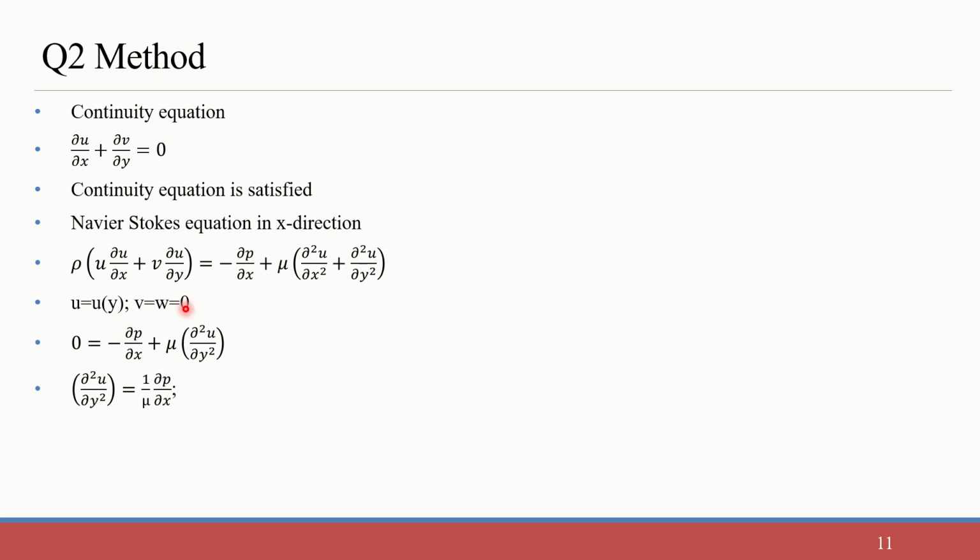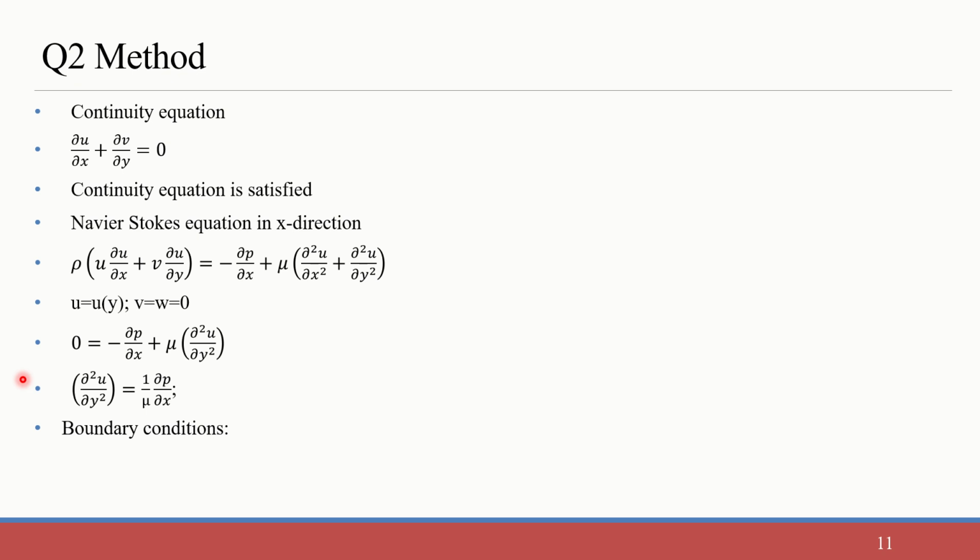Taking this term to the other side, dou square u by dou y square equals 1 by mu dou p by dou x. This is the equation relating u, a function of y, to the pressure variation in the x direction, as given in the question. So this is the equation which we were asked to obtain.